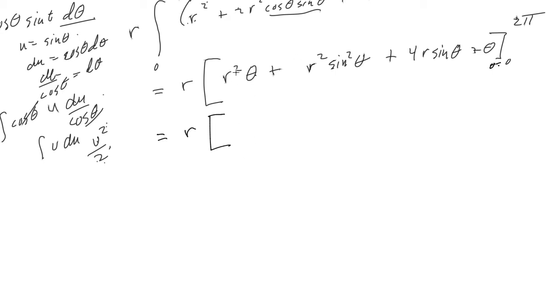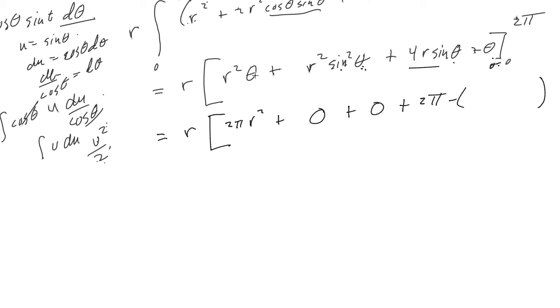So we have 2 pi r squared plus, so 2 pi here. Sine of 2 pi is 0, 0 squared is 0, so all of this becomes 0. Plus sine of 2 pi, so all of this also zeroes out. Plus theta, which is 2 pi. Minus, now we're plugging in 0.